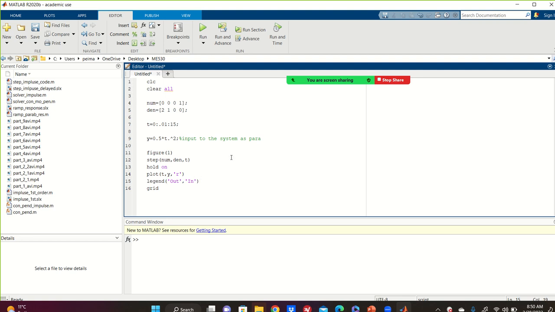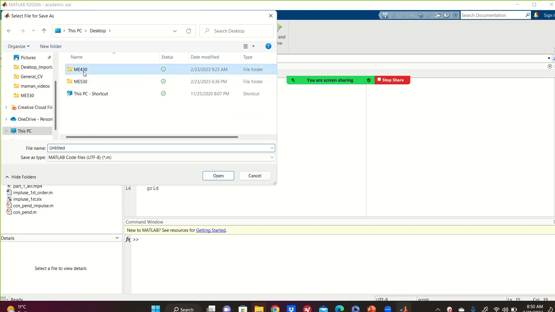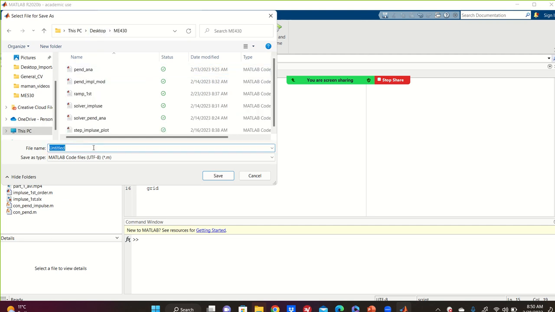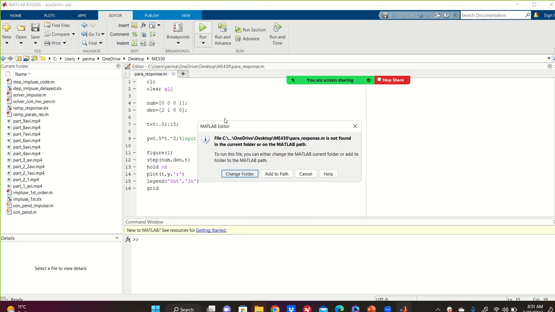Here we go. And I'm going to save it here as parabolic response, because I'm going to share it with you. Everybody understand? So if I run, let me first debug it.